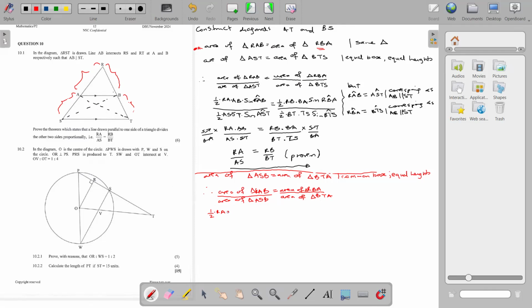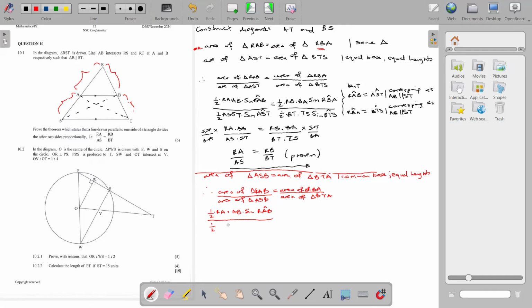Then the other side is AB. Then we are going to have sine of RAB. Divided by half.